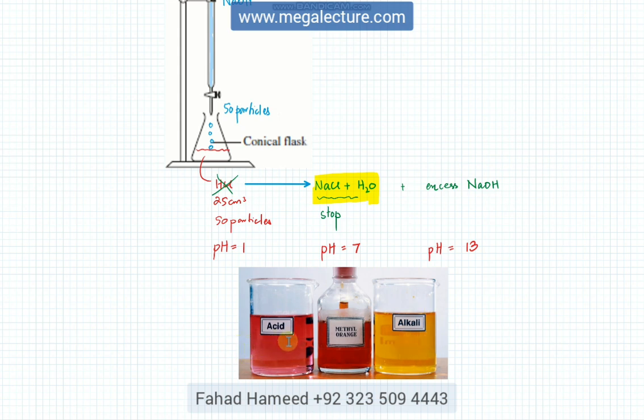So as soon as this color change happens, that means you should stop. As long as HCl is present it stays red; once the last particles of HCl are used up and you add excess NaOH, that's when it's going to turn. So you immediately stop when you see this color change happening.